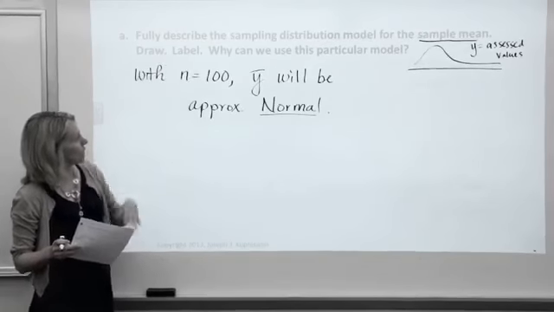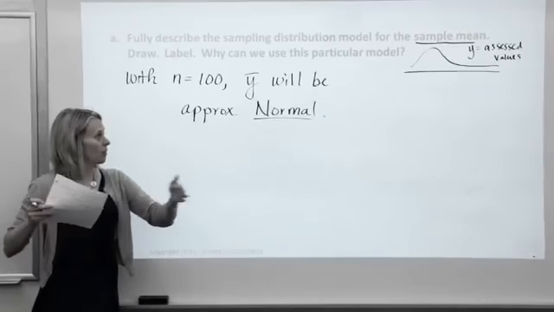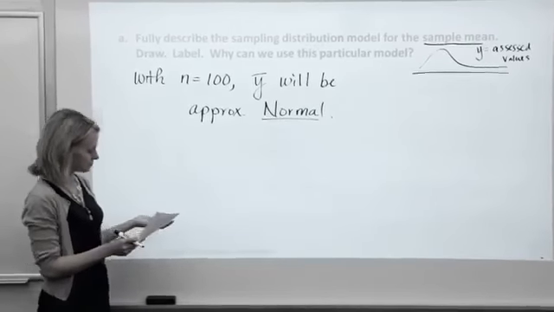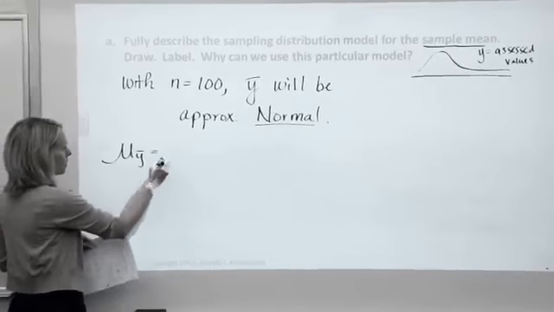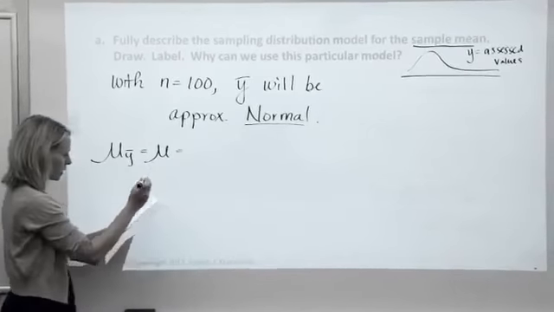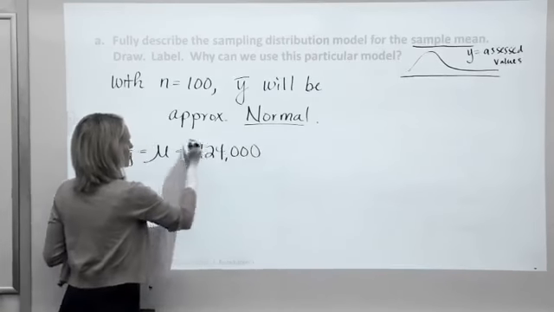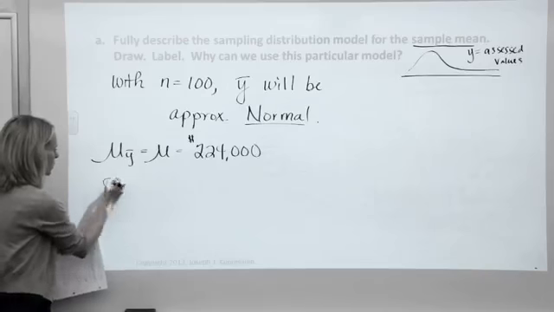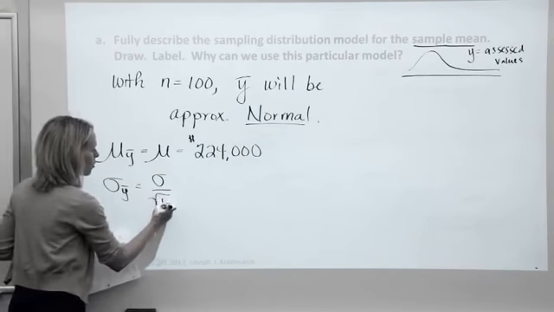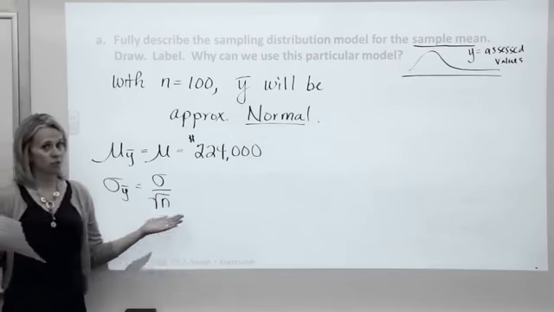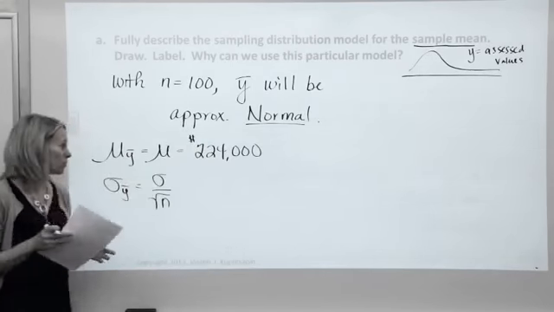Before we can draw and label this, we need to know, if we're using a normal model, where the center is going to be and what the standard deviation is going to be. So we'll list those. The mean of the sample means will be the same as the mean of the population, which was 224,000. But the standard deviation, when we look at samples of 100 homes, the standard deviation of the sample mean will not be as spread out as the standard deviation of individual homes.